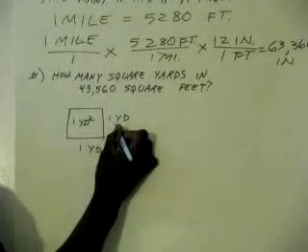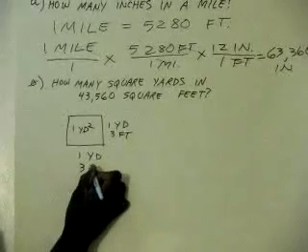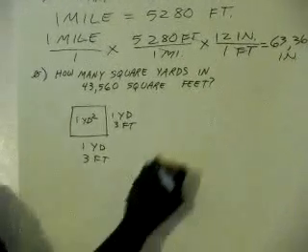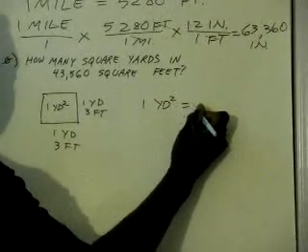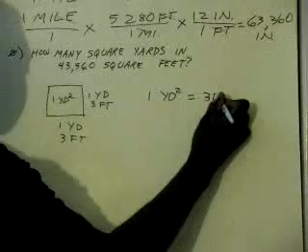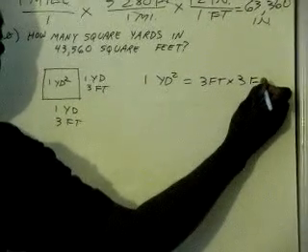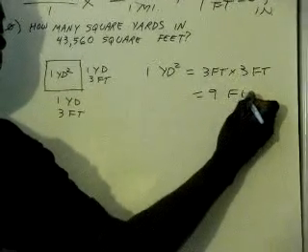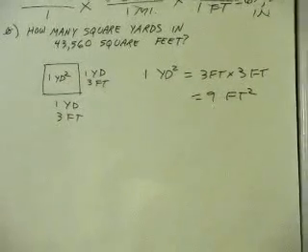But in a yard there are 3 feet. So it's also 3 feet by 3 feet. So in 1 square yard, we have 3 feet times 3 feet, which is 9 square feet. So 1 square yard is 9 square feet.